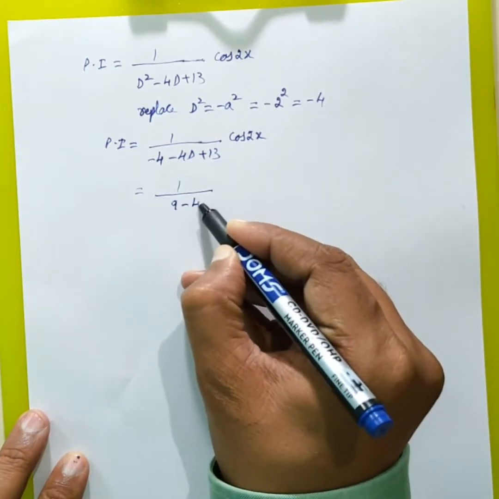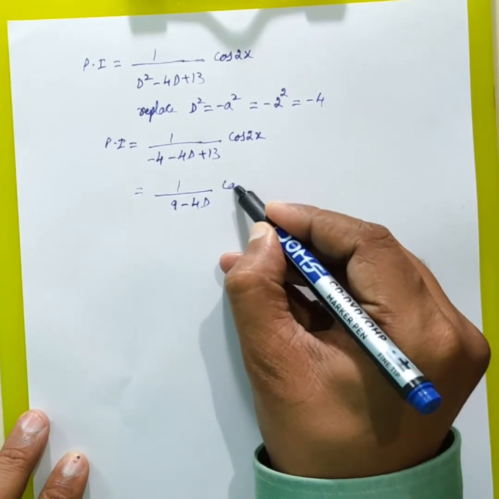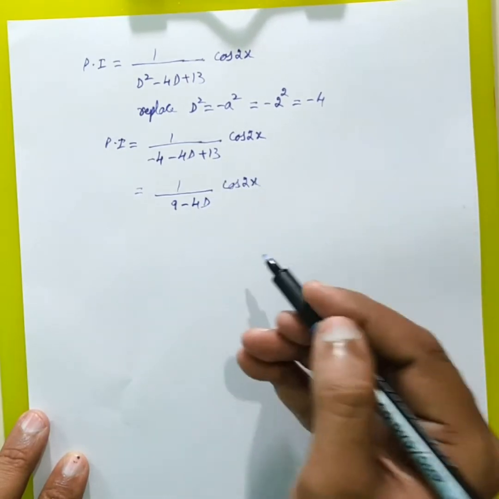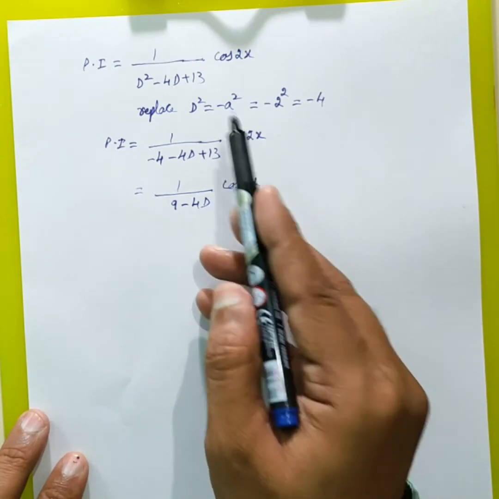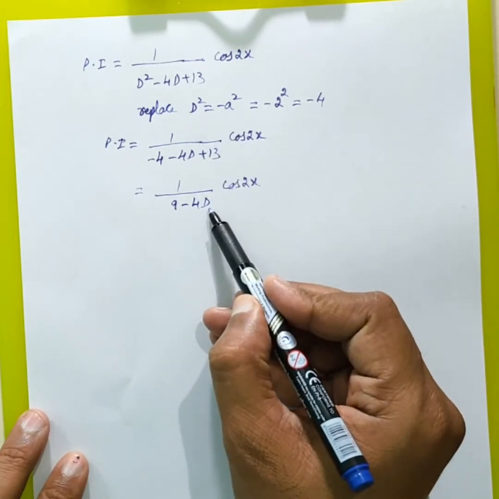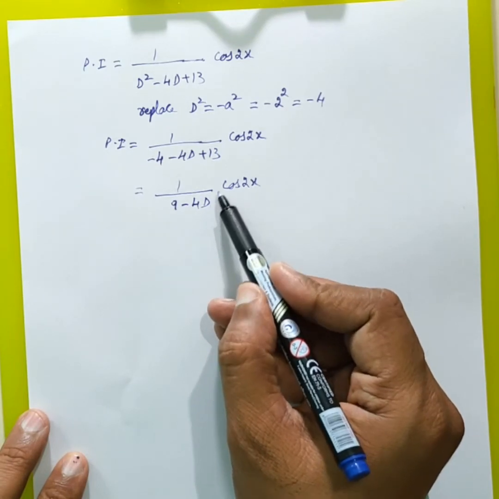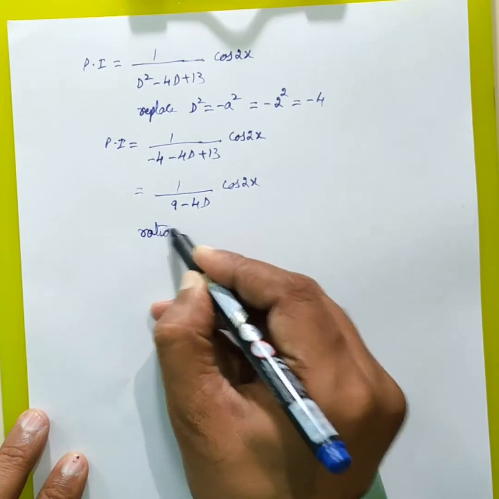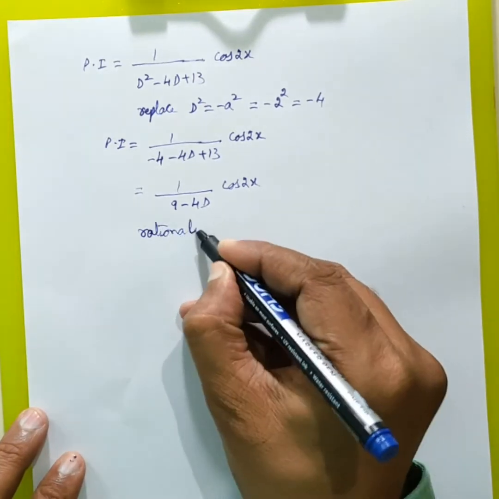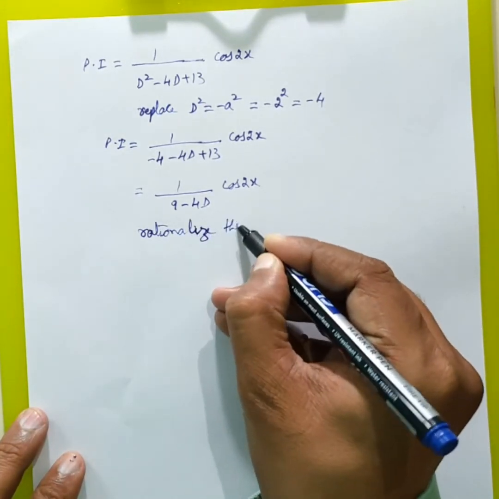So 9 minus 4D into cos 2x. But still you have the operator in the denominator, and you don't have D square. So to get D square, we'll try to rationalize the denominator.